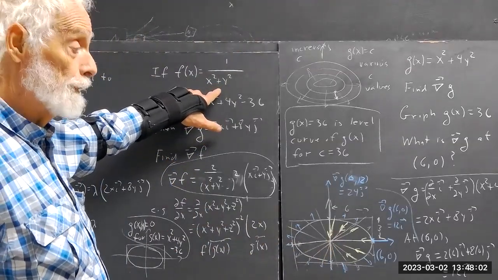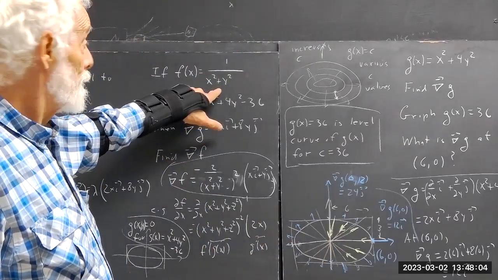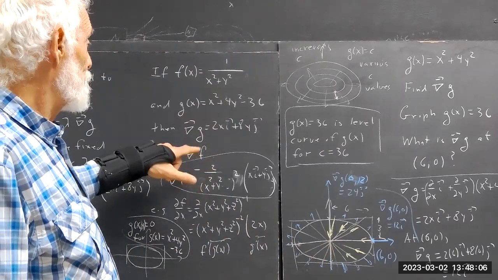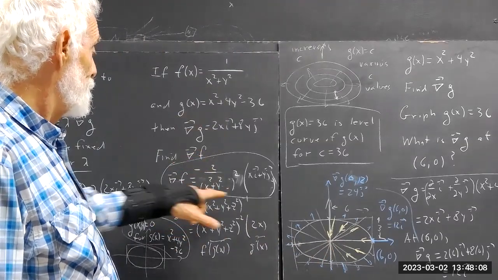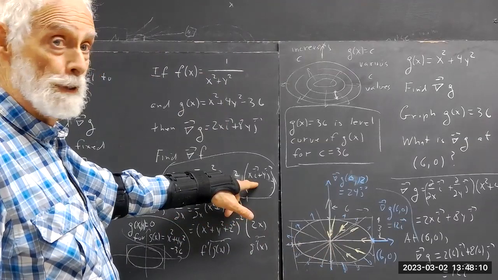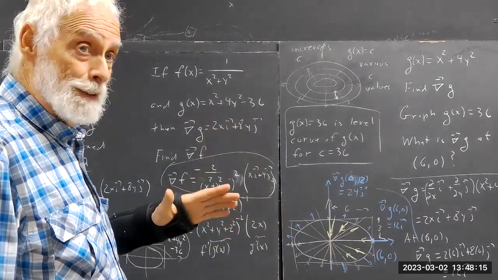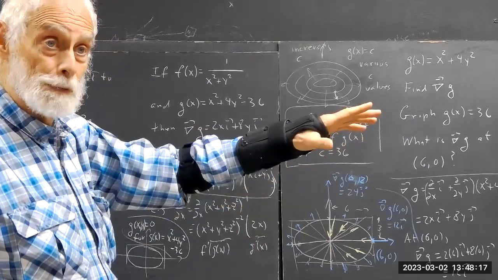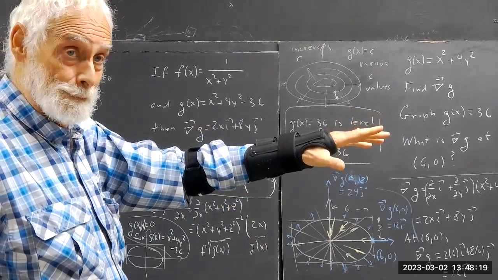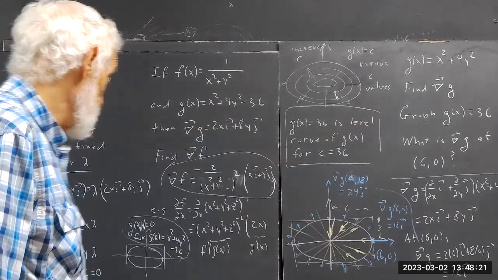Why? Because this function has a gradient which is just a multiple of xi plus yj. Xi plus yj is just the radial direction from the origin. So everything comes around here.